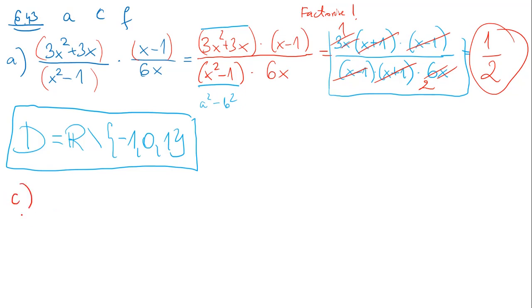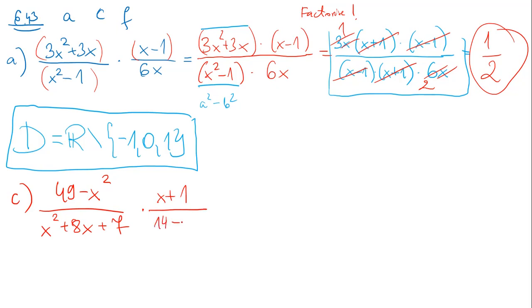Okay, so let me write c, x squared plus 8x plus 7 times x plus 1, 14 minus 2x. Okay.